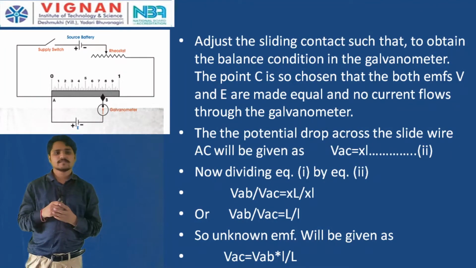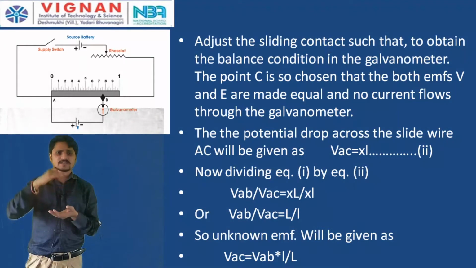We already know the principle of operation of potentiometers: when the voltage drop across this slide wire is equal to the unknown EMF, the galvanometer will give you null deflection.